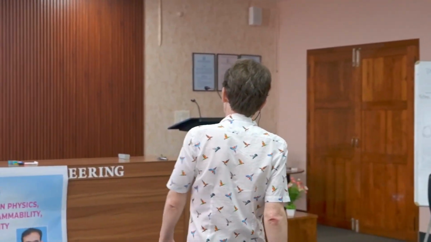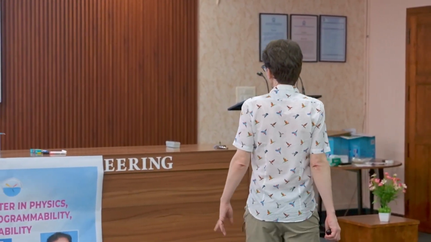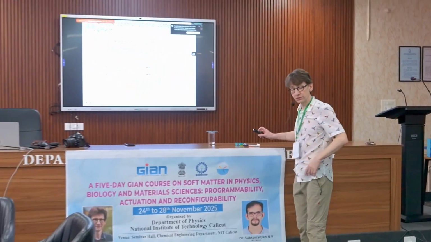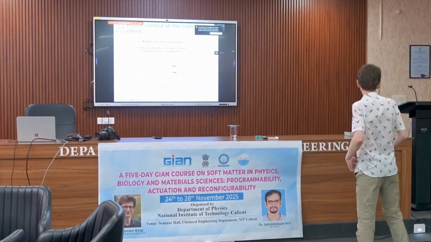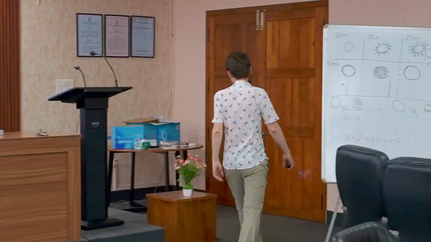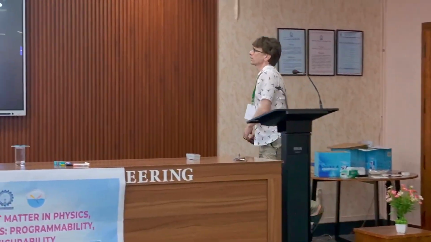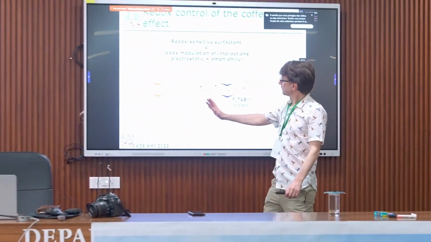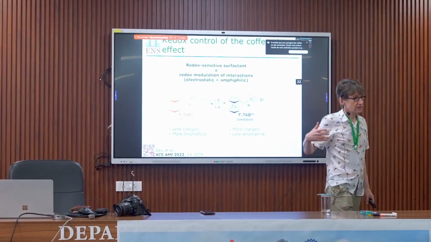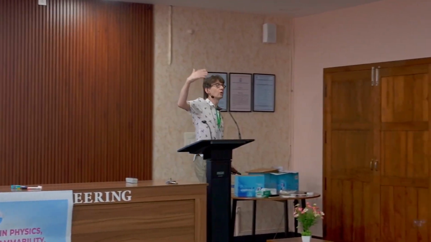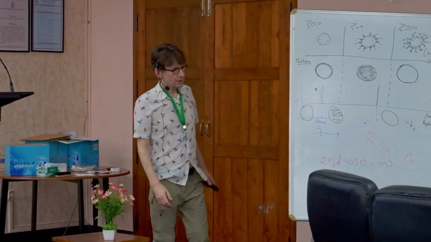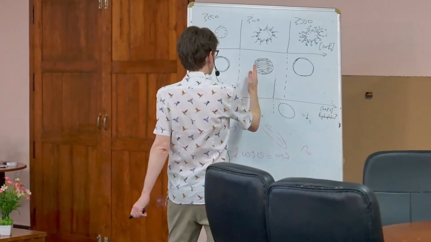So the CMC would shift to the right because it's less amphiphilic. You see, it's less hydrophobic. So when I oxidize, my molecule becomes less amphiphilic, less hydrophobic, so my CMC will be larger. I need more molecule. So I should go in that direction.